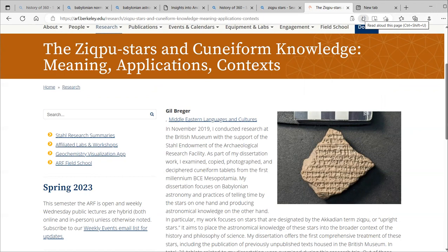So let me just do it like this. As we all know, there are 360 degrees in a circle.